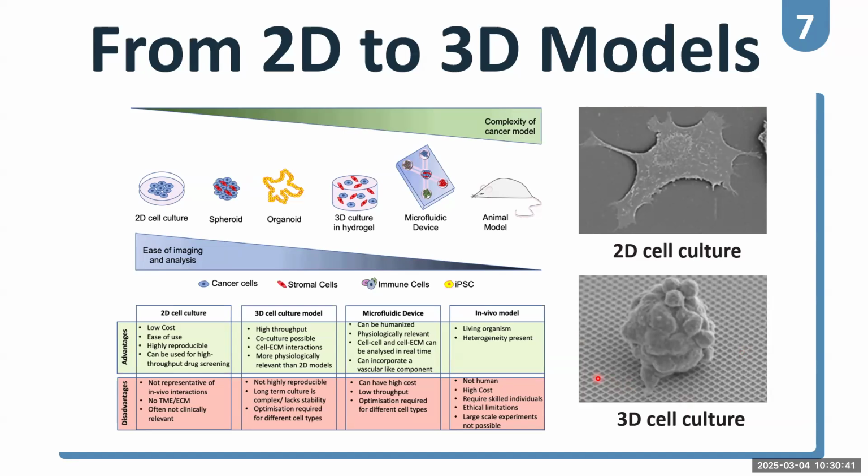They can communicate with each other and also react with chemicals. For example, when we treat with a drug, all of the cells in the 3D structure can respond under the same condition.